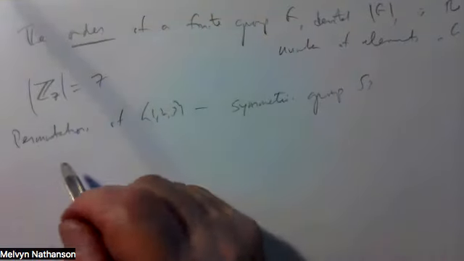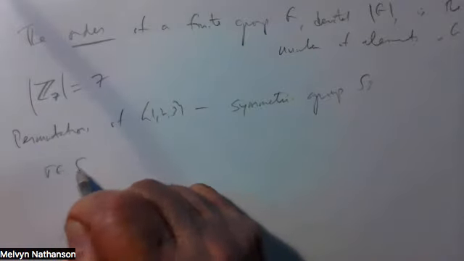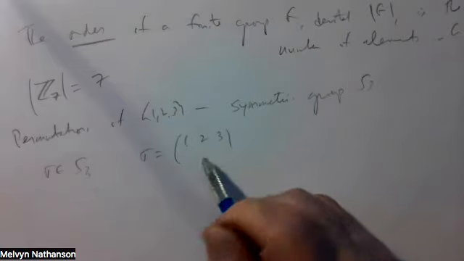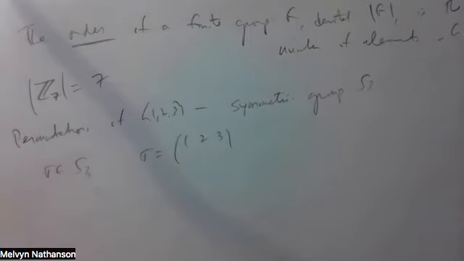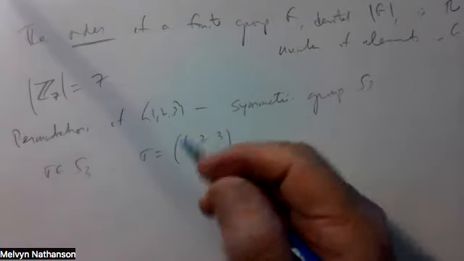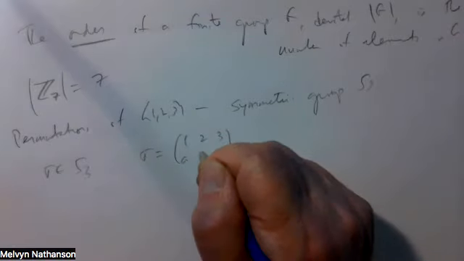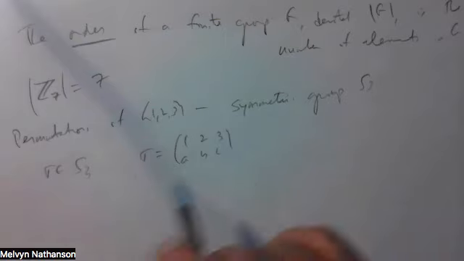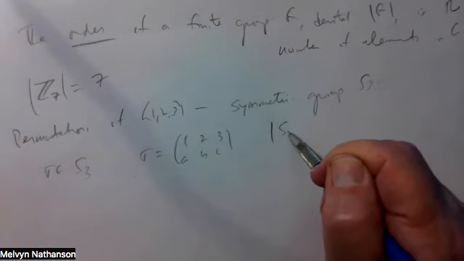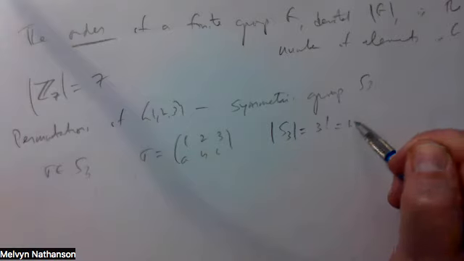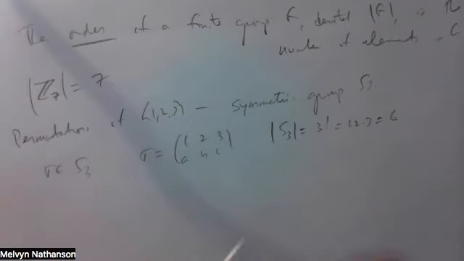And you remember you can write every permutation sigma in S3 as a function from 1, 2, 3 to itself. That's one to one and onto. So this goes to something, A, B, C. And the number of permutations of 3 objects is 3 factorial, 1 times 2 times 3, which is 6.